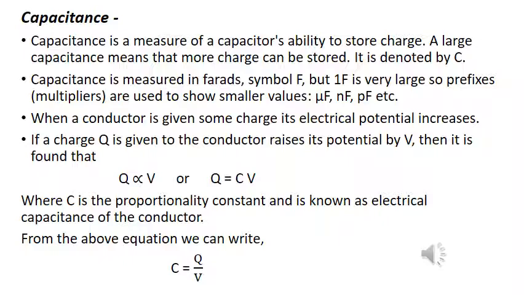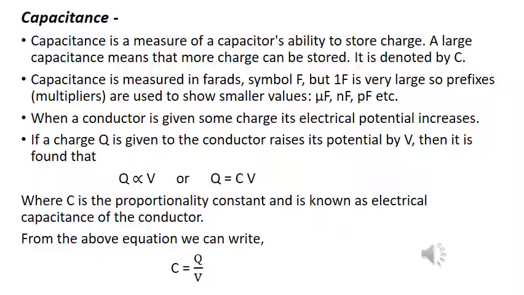When a conductor is given some charge, its electrical potential increases. If a charge Q given to the conductor raises its potential by V, then it is found that Q is directly proportional to V, or we can write after removal of proportionality sign, Q is equal to CV.